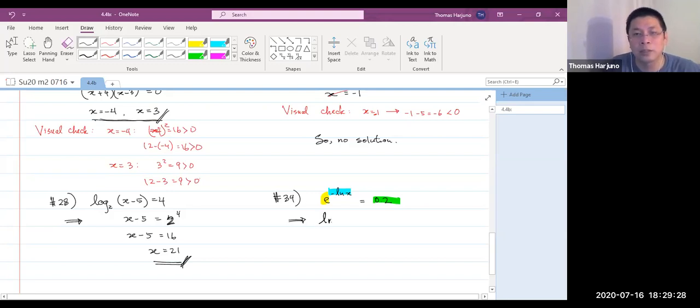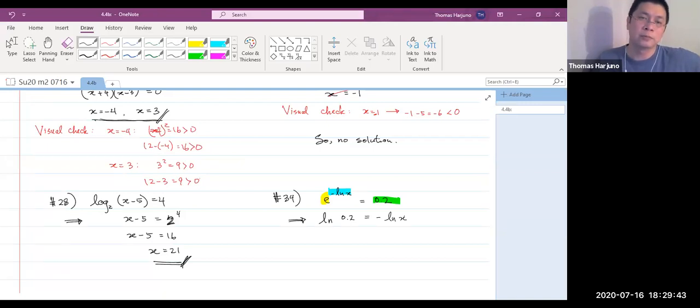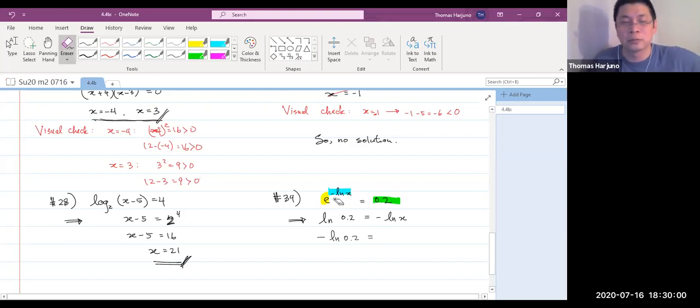Log base e, so ln, of 0.2 equals negative ln x. So negative ln 0.2 equals... oh, I'm sorry, equals ln x.